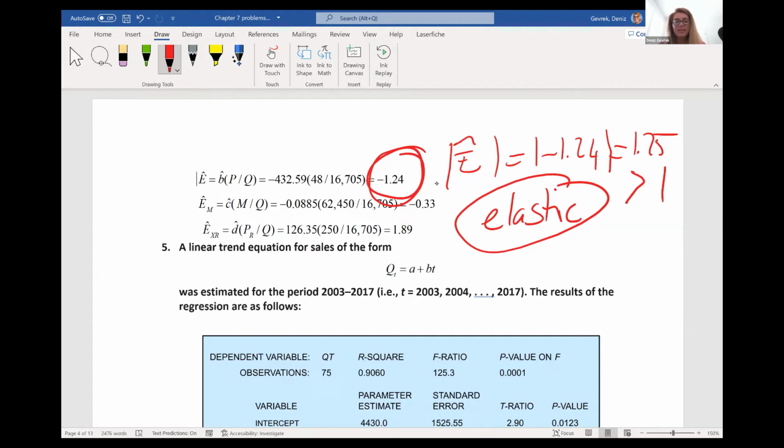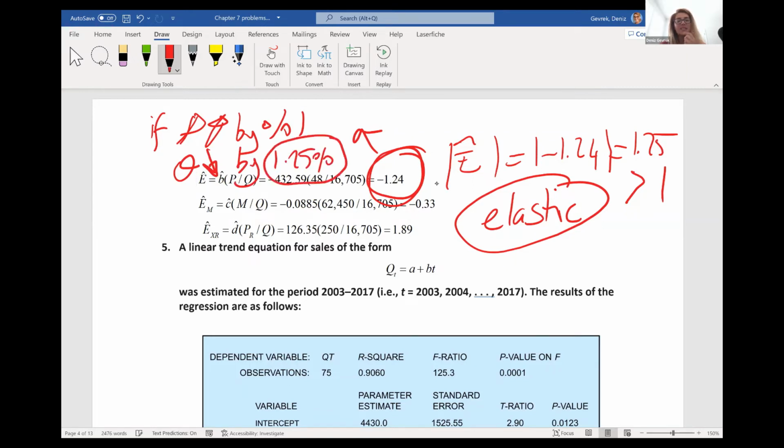That means if price goes up by 1%, quantity goes down by 1.25%. That's a lot.